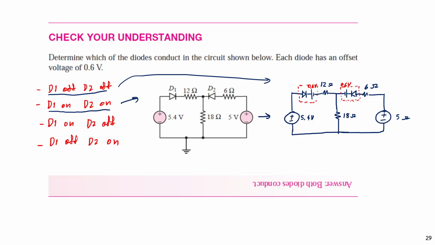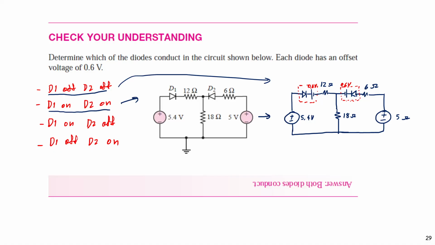If both diodes are on, we substitute by short circuit, and if the current flows in the correct direction for both, this means the assumption is correct. If not, we try open circuit for the diode and see what happens. If the reverse bias is correct, fine. If some contrary condition happens, you need to take another condition.